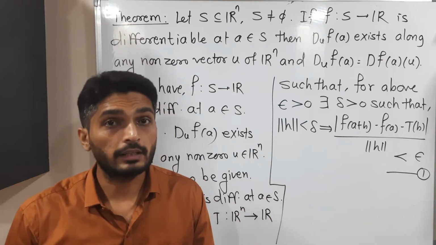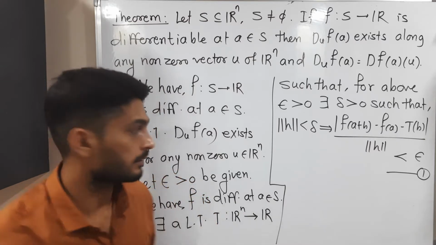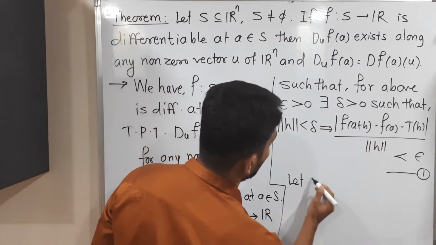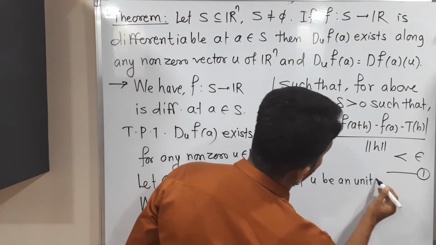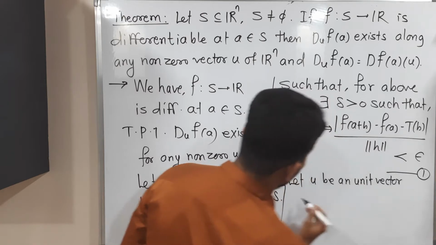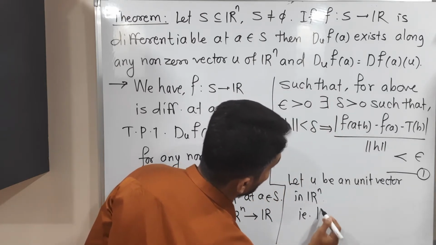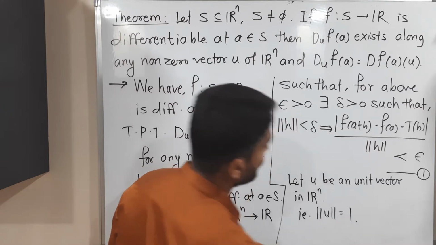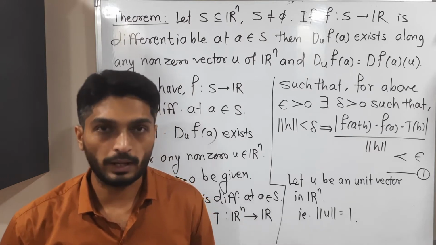After that, I am going to consider a vector u which is a unit vector. Let u be a unit vector in R^n. Unit vector means norm of u is equal to 1.